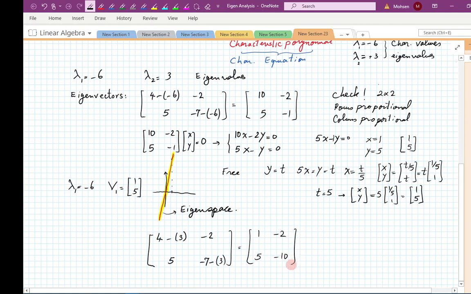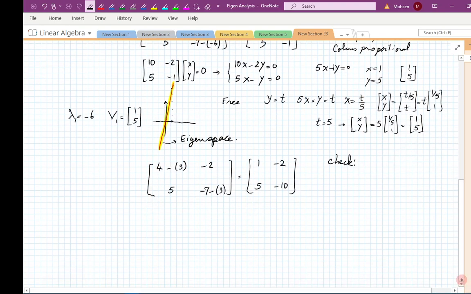Is that right? What was our check? Does this thing check? You remember the check? What do we do? So this is 5 times that, or this column is minus 2 times that. If that checks like that, we are done for that step. So again, that's only good for 2 by 2. When you go bigger matrices, the check itself is going to take a while.